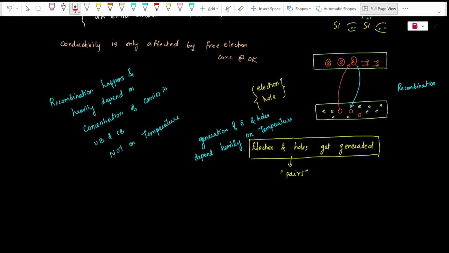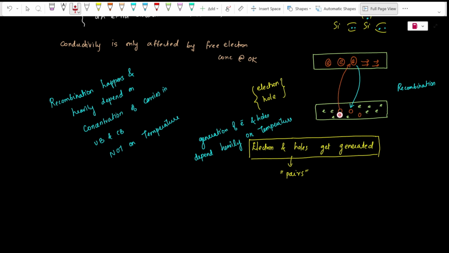Now, what does that mean? As you know, due to temperature, these electrons in the valence band excite to the conduction band, right? So you have electron hole pair generation due to temperature.